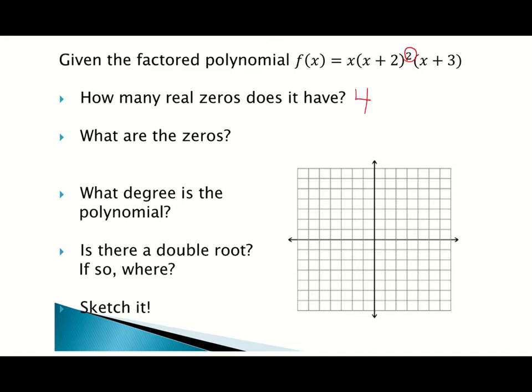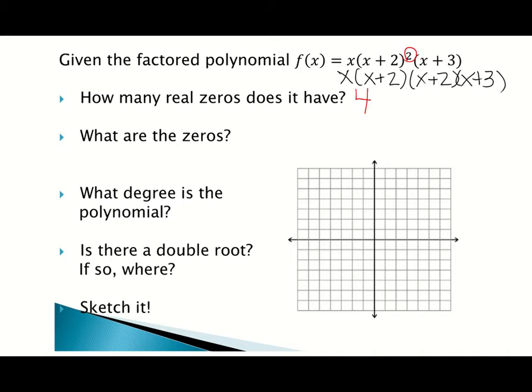If it helps you, go ahead and rewrite this as x times (x plus 2) times (x plus 2) times (x plus 3). Now we can more clearly see that there are 4 zeros here. So what are these zeros?